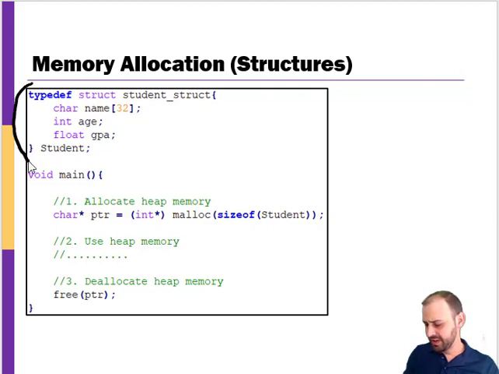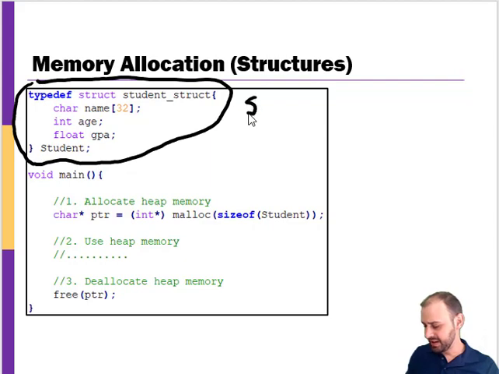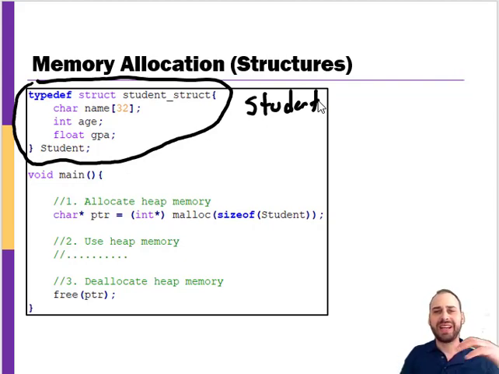So we can define our own data types. For example, doing this here with structures, we're defining our own data type of type student. A student is going to contain space for a name, age, and GPA, hypothetically, just for the sake of this example. The student is going to encapsulate those 3 pieces of information.